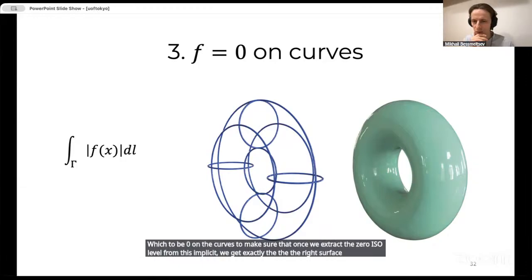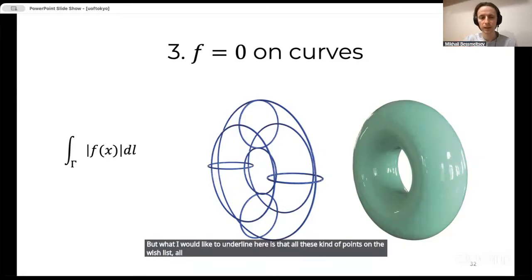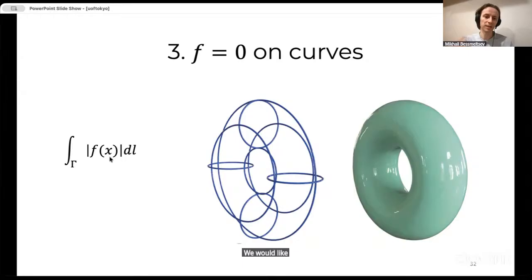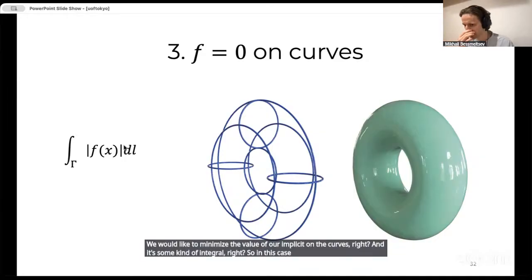Right? So this is like an arbitrary example of an applied problem. But what I would like to underline here is that all these points on the wish list, all these bullet points, like this one, for example, we would like to minimize the value of our implicit on the curves, right? And it's some kind of integral, right? So in this case, it's the integral of just the absolute value of the function.